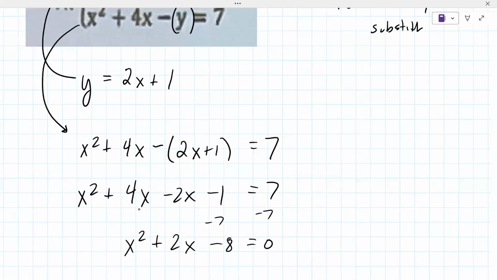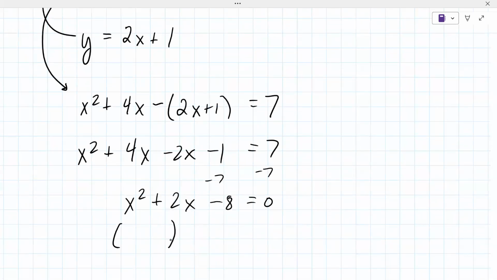And now you should always try factoring first. Two numbers that multiply to -8 but add to +2. x minus 2 and x plus 4.